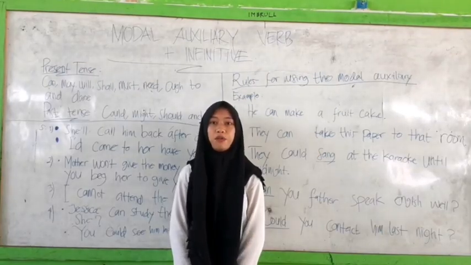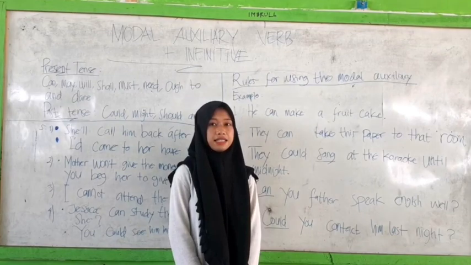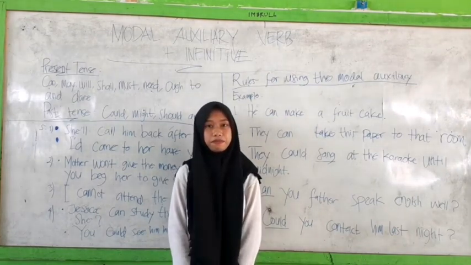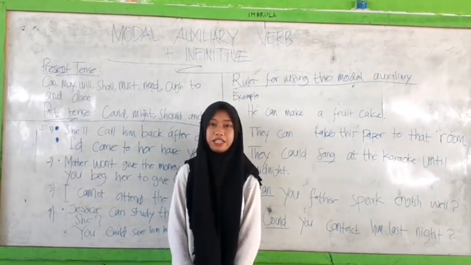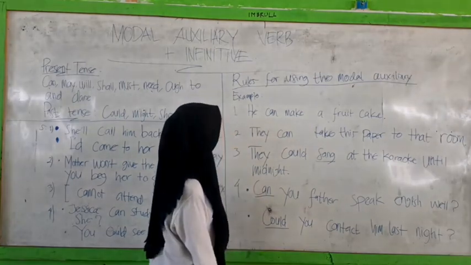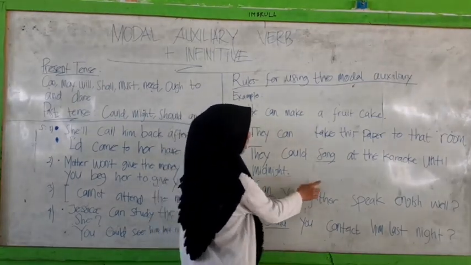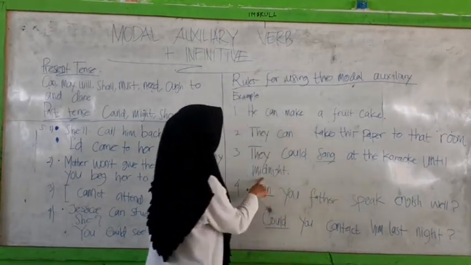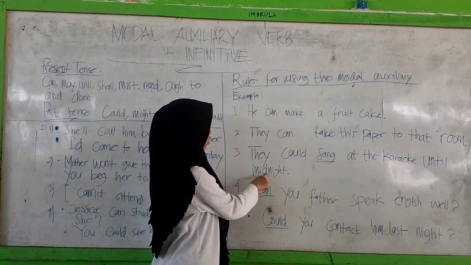And next, if the modal auxiliary is the past tense, the verb to be used must be the infinitive. Example, they could sang at the karaoke until midnight. This is a wrong sentence.